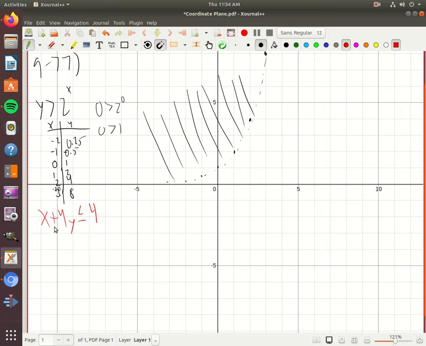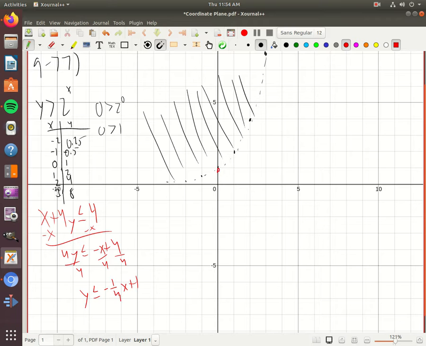Here, I definitely think it would probably be easier to put it in slope-intercept form. It's in standard form. So we're going to have negative x plus 4 there. We'll divide by 4. So y is less than or equal to negative 1/4 x plus 1.